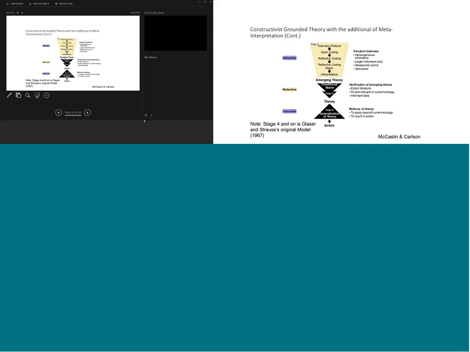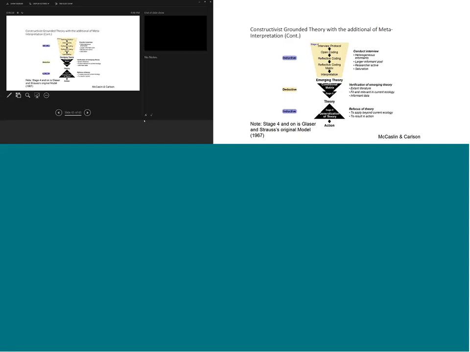Now, what Glaser says that we can do at stage 6 is we can begin to generalize the theory. In other words, we can begin to generalize qualitative data. I don't know if we'd find too many people that would support that just yet. Glaser is a big fan of that, but just know that.